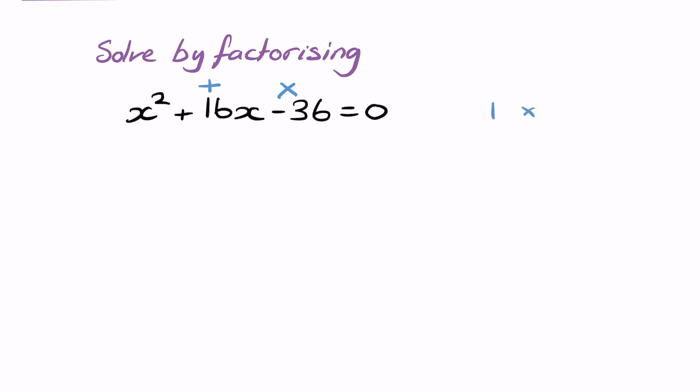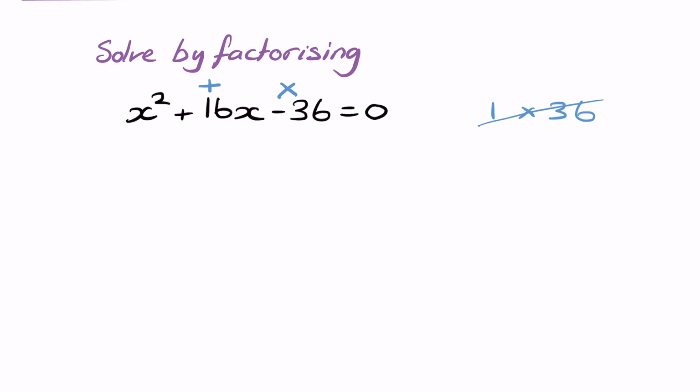So we have 1 times 36, that makes 36, but won't add to make 16. You see we have a negative sign here and a positive, so we do know that one of our numbers is definitely going to be a negative, but I don't tend to worry about that straight away, not until I get closer to working out if the two numbers do add up to make positive 16.